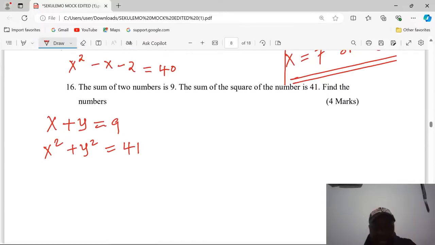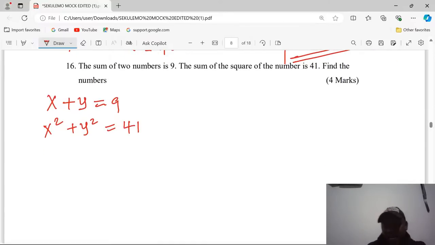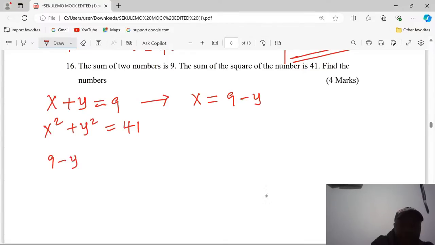Find the numbers. We can use a substitution method, whereby from equation 1, we can say the value of x equals 9 minus y. And so instead of x, we shall have 9 minus y squared, then plus y squared equals 41.